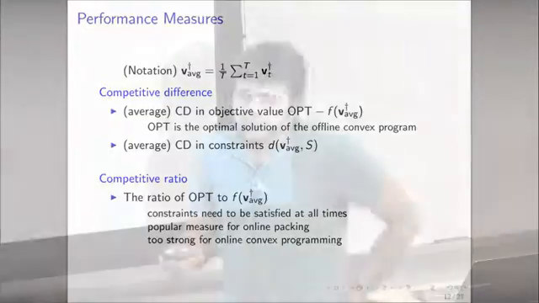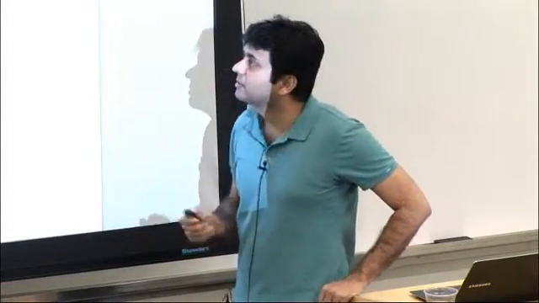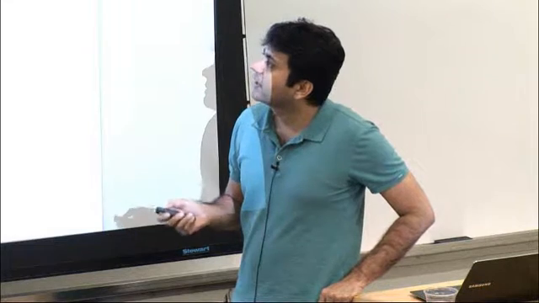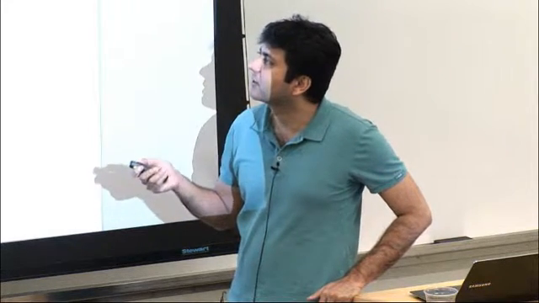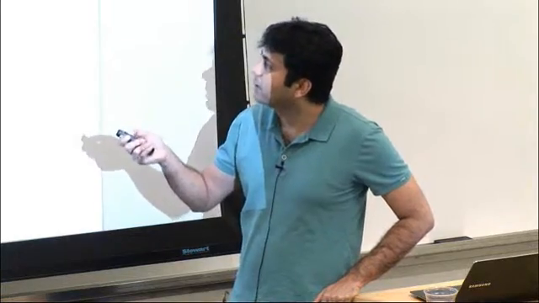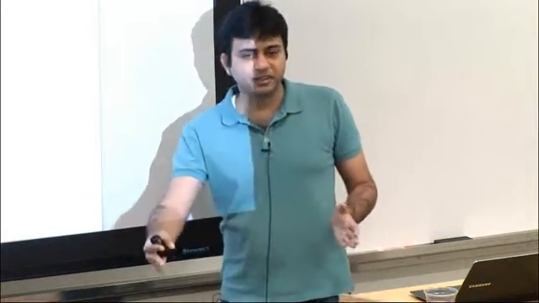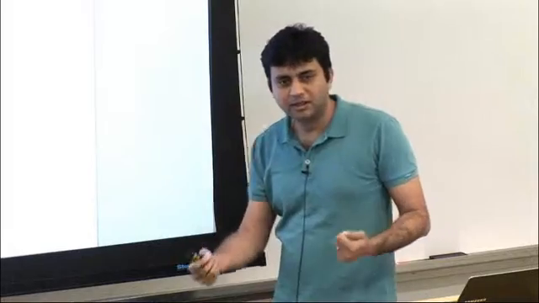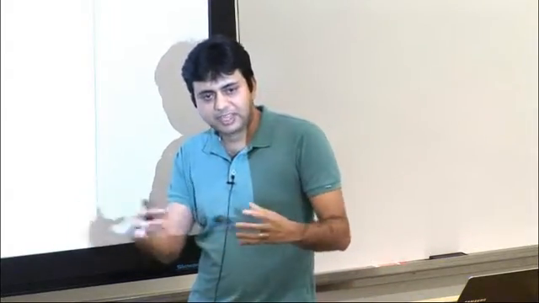And how do we measure the performance of the algorithm? We look at an additive notion which is called the competitive difference. This is basically the difference between opt, which is what I would do if I knew everything, and what we get. I would pick some vectors so that the average is in the set and maximize this function of the average.